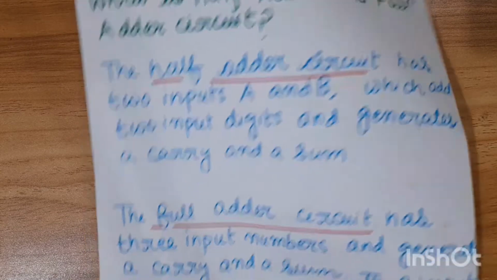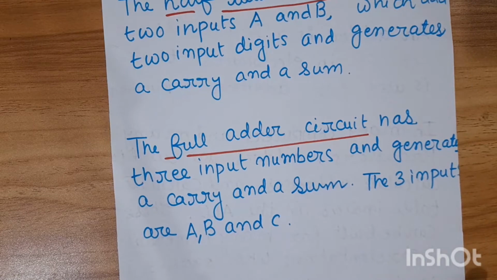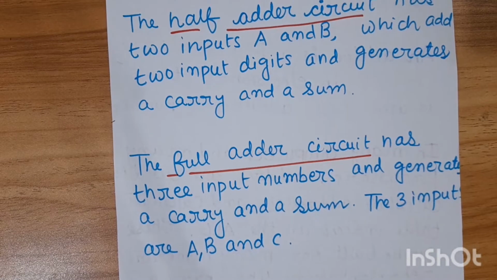The full adder circuit has three input numbers and generates a carry and sum. The three inputs are A, B and C. So what did you understand? The half adder circuit has only two inputs and two outputs, carry and sum. The full adder circuit has three inputs, A, B and C, but it again has two outputs, carry and sum.